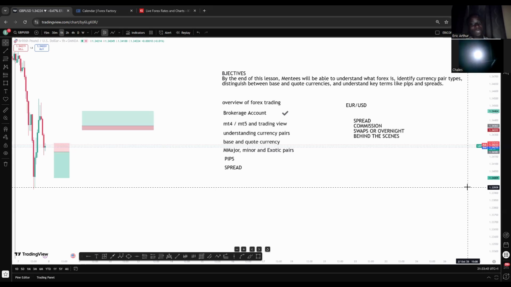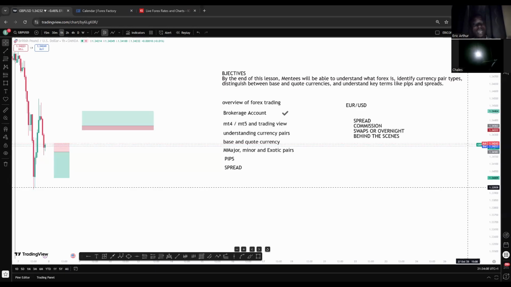They take the opposite of your trade, which means they profit directly when you lose money. So the broker's success is tied to your losses. Whenever you make a loss, they are making money, they are happy.